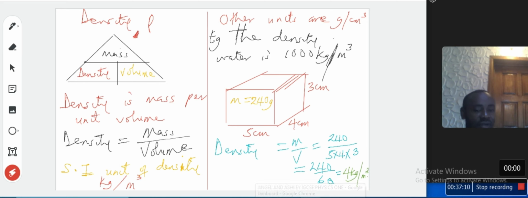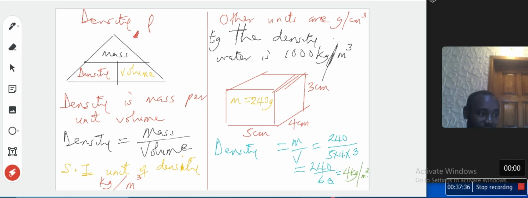Look at it now. What's the volume here? 60. The same mass, 240 divided by 60, gave us 4. Assuming the volume increases to 80, check what the density will now be with the same mass. Is it not 240 over 80 now?